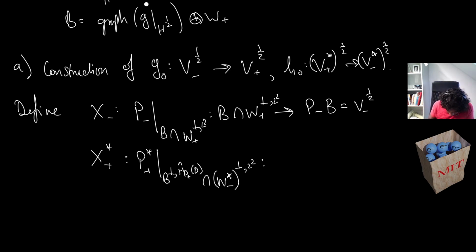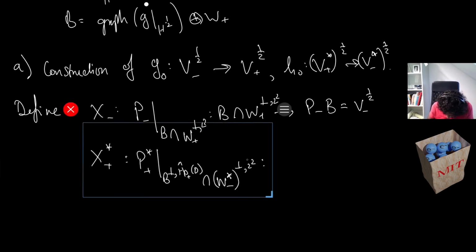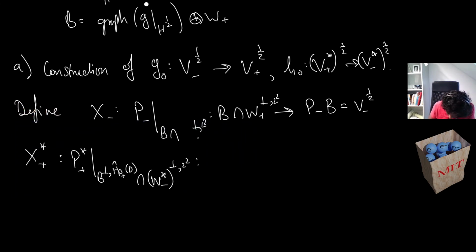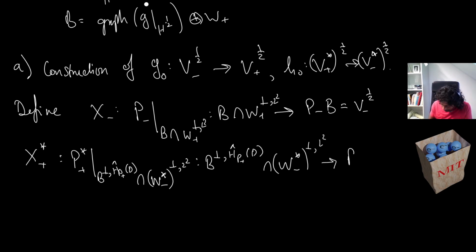And this takes us from B annihilated H P plus of D intersect W minus star perp L2, and now it's going to map us to P plus star B perp H hat P plus of D.